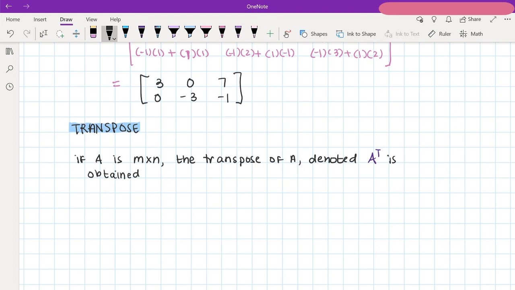So this means that, say we have an example A, which is a 3 by 2 matrix, then A transpose will become a 2 by 3 matrix. So you're basically switching the orientation of the matrix, as you can see in the example that will be written.